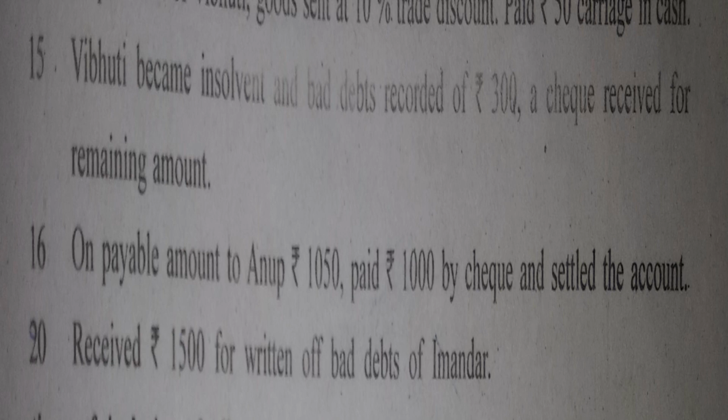No. Because he has created a bad debt and his account has been already closed by writing it as bad debts. So this is right now considered as an income and it is written as bad debts recovered. So the journal entry for this is cash account debit to bad debts recovered account and not to Imandar account. So with this we complete sum number 12 from your exercise.